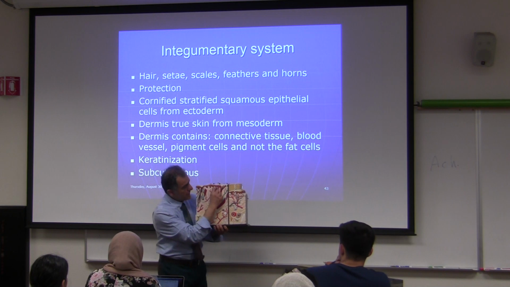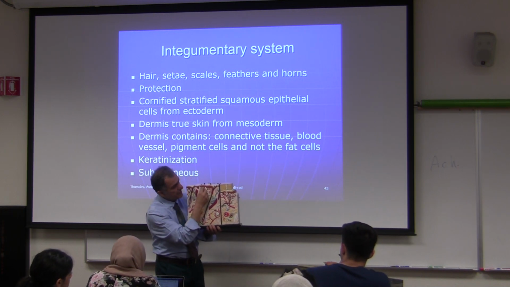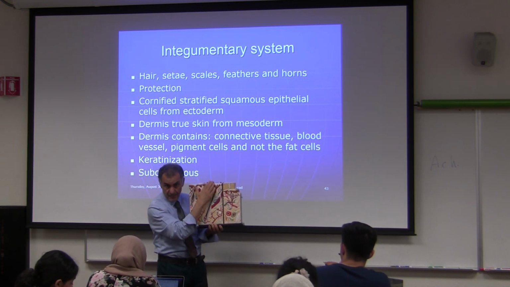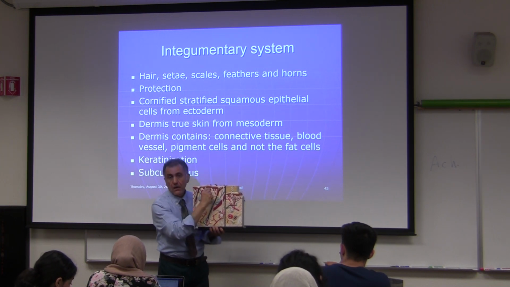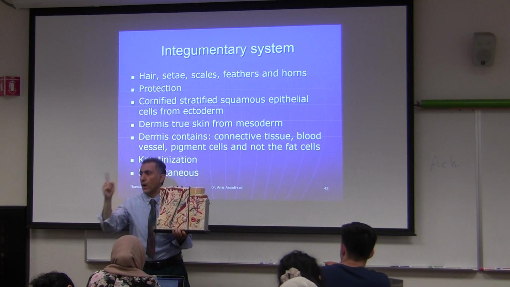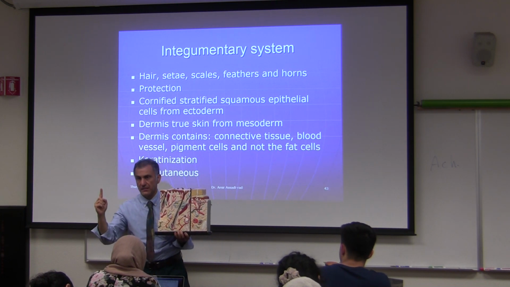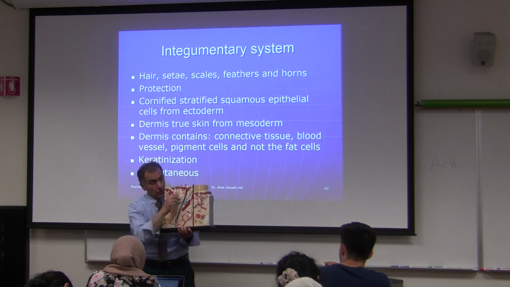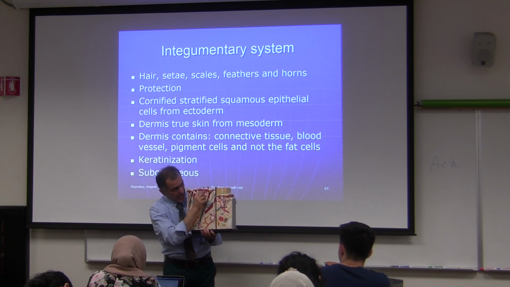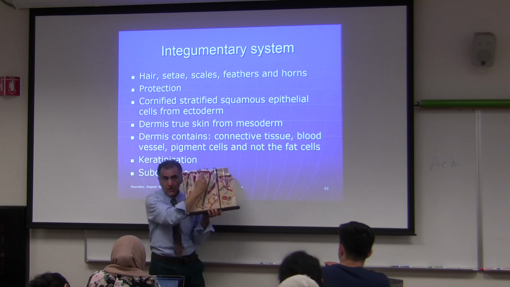Okay, so the very bottom layer of the epidermis, the cells underneath here, they undergo mitosis, Biology 1. You all know what mitosis is, when one cell becomes 2 cells, right? So they undergo mitosis and they push the cells on top.